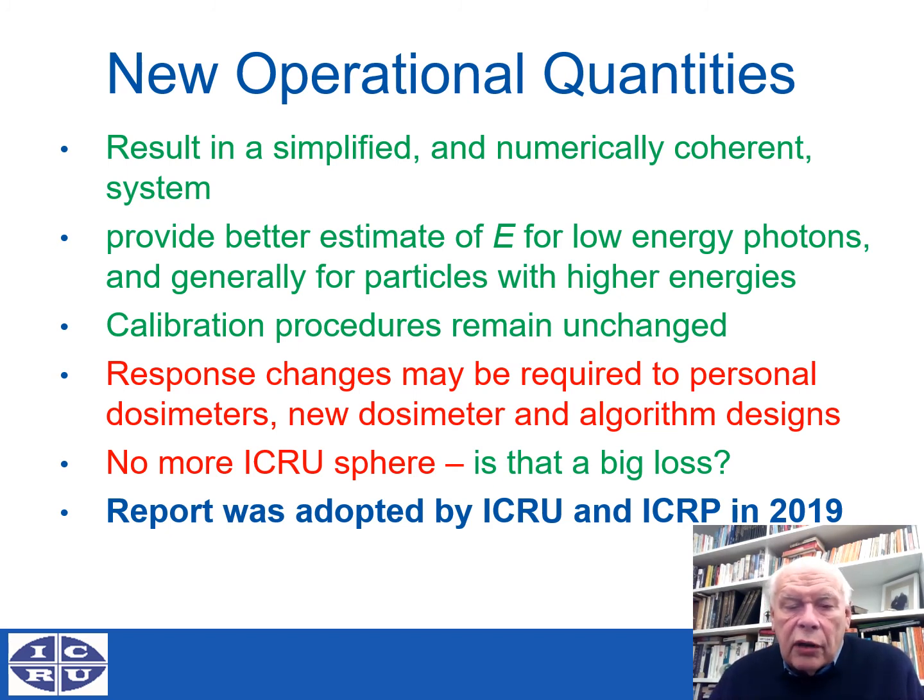There may be changes needed for the response. As I said, sometimes it's just simple new calibrations. Sometimes one needs to make small modifications to the design. There's no more ICRU sphere in this new concept, but that is not likely to be a big loss.